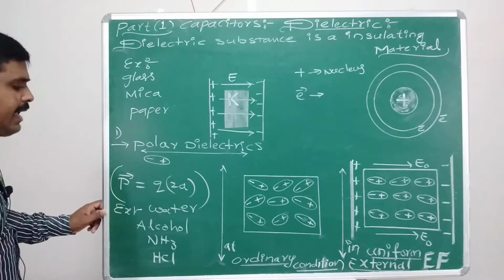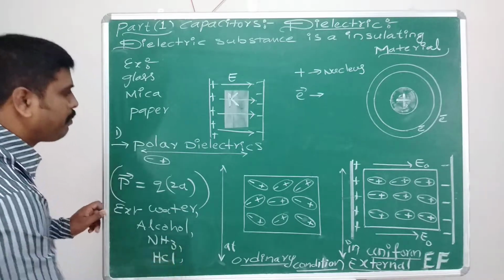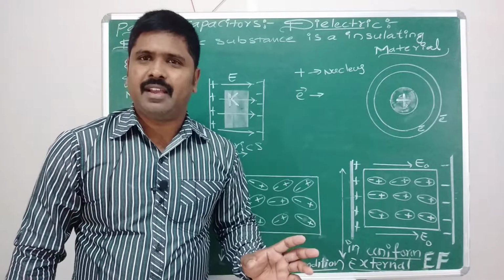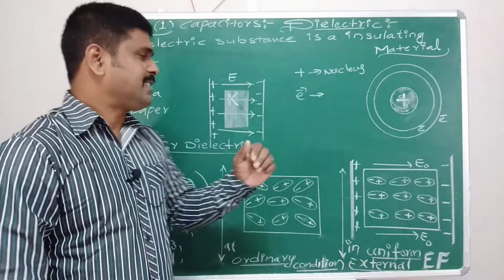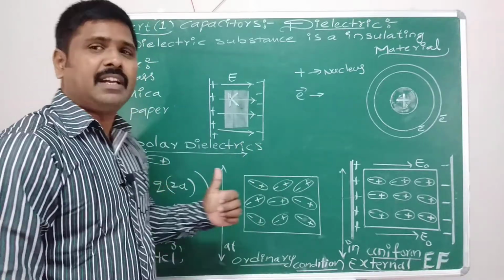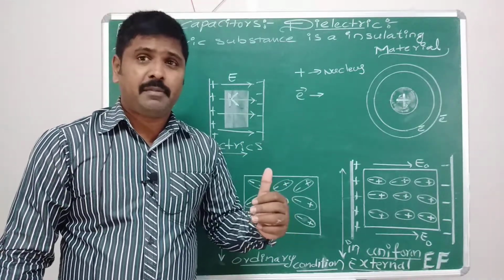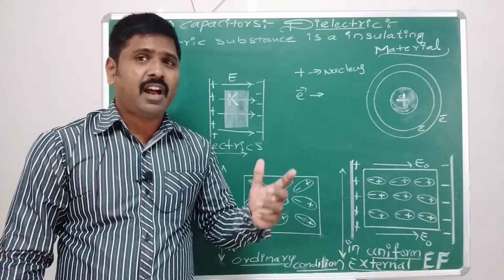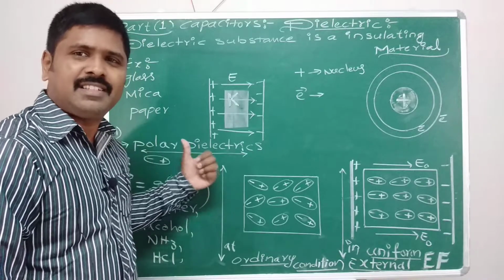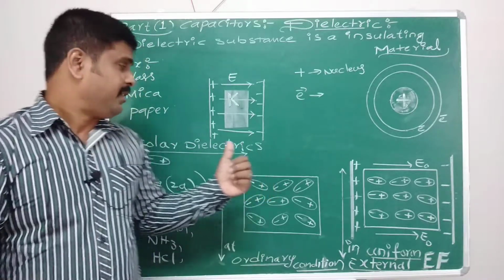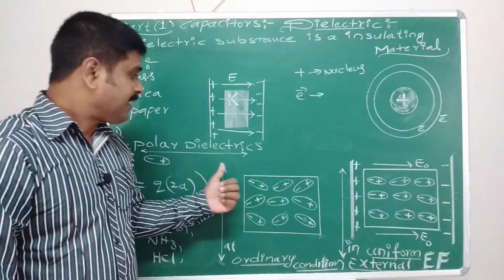These are the examples for polar dielectric substances. Remember, they have a permanent dipole moment, and the center of the positive charge and center of the negative charge are separated by a certain distance and do not coincide. That molecule is called a polar molecule, and that substance is called a polar dielectric substance.